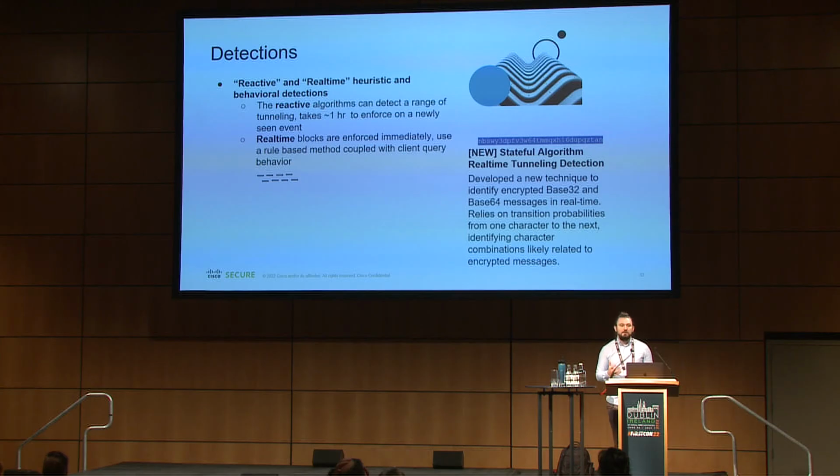However, the better way to do that is what we call real-time blocks. However, real-time blocks will require some kind of security solution or the actual resolver to be able to make these decisions on the fly.